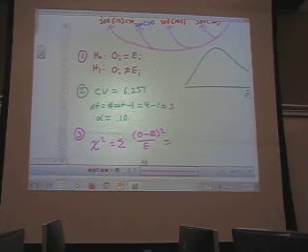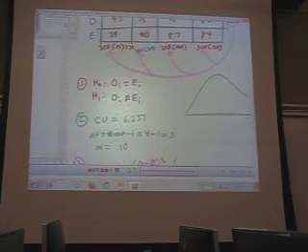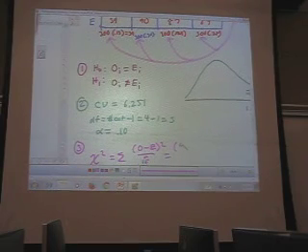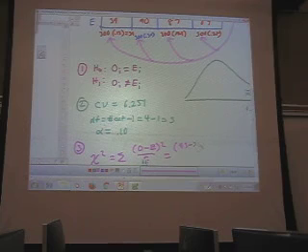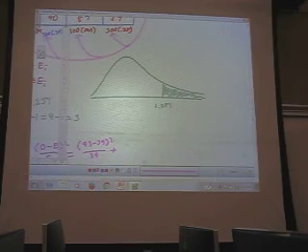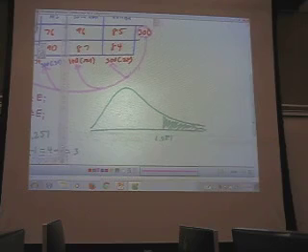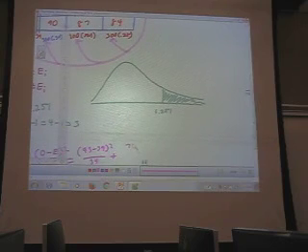So the first one would be 43 minus 39 squared over 39. Add it, and then your next one is going to be 76 minus 90 squared over 90.